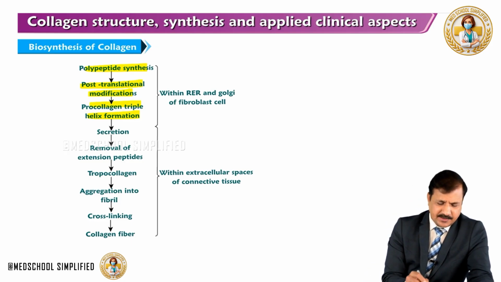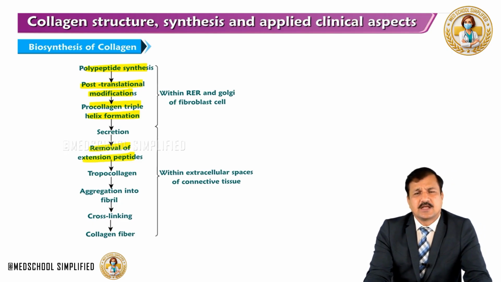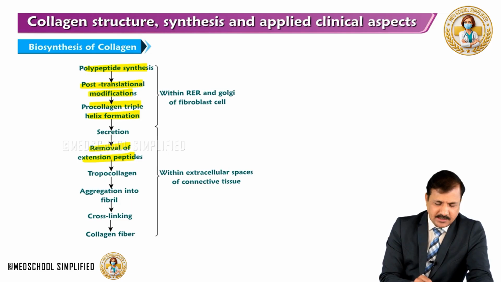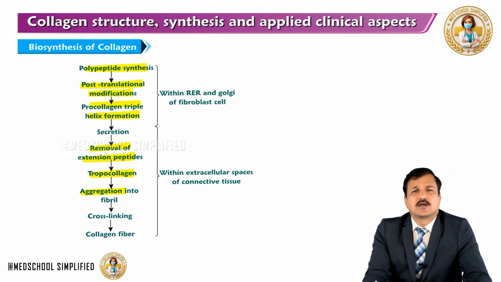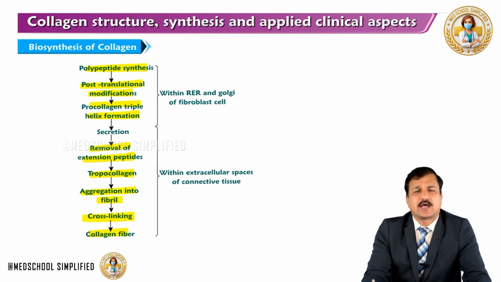So, the secretion happens, and in the extracellular matrix, extension peptides are removed so the pro-collagen molecule is converted into tropocollagen. This tropocollagen undergoes a further post-translational process called collagen cross-linking, and a mature, high tensile strength collagen fiber forms.